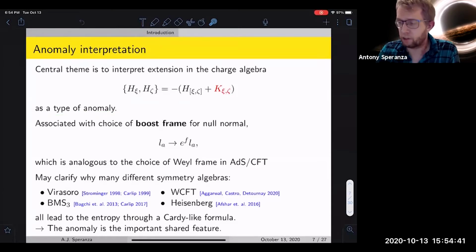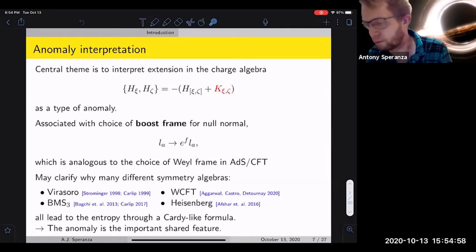This anomaly appears in the case of null boundaries because we have chosen a boost frame for the null normal. That just means that the null normal, L lower, generally is thought to have this rescaling symmetry since null vectors don't have a preferred normalization.